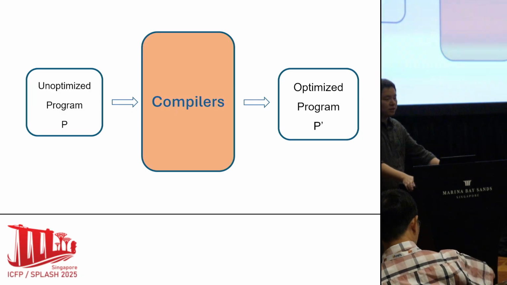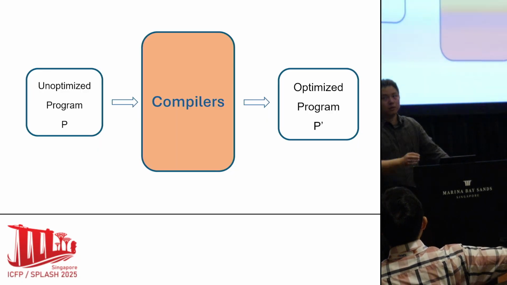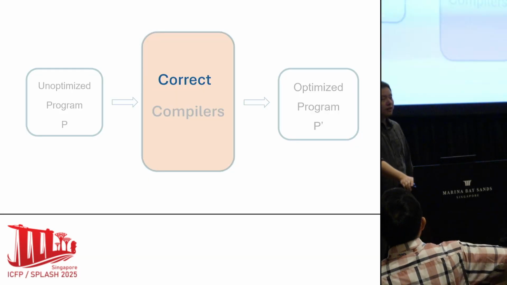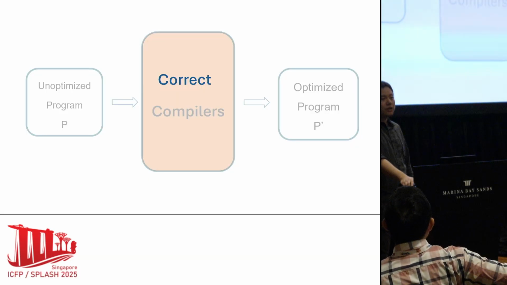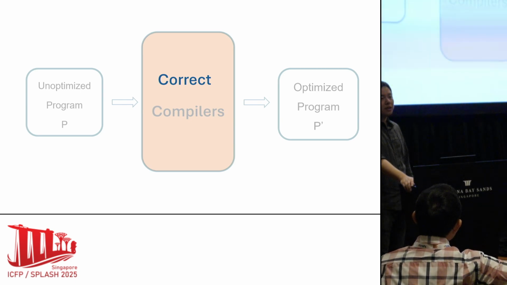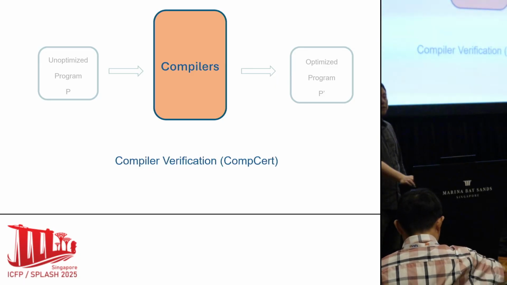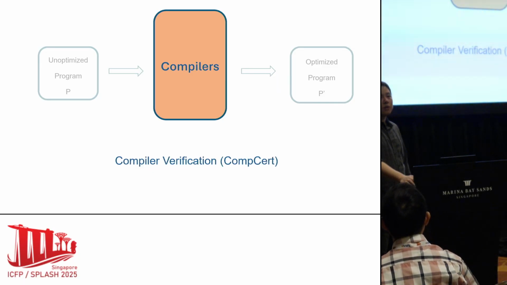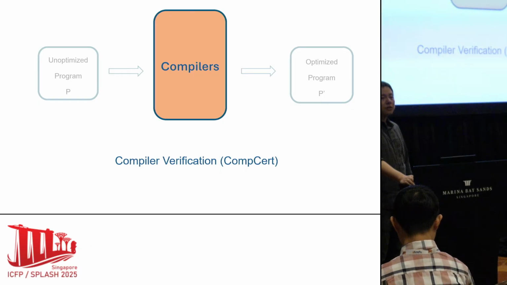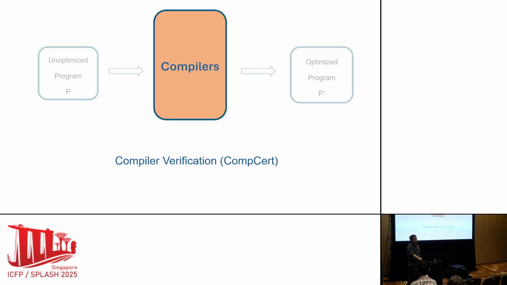of your input program. And we want our compilers to be correct. As a result, in the past few decades, our research community has developed a lot of techniques to improve the correctness and the reliability of compilers. For example, compiler verification techniques focus on checking the internal behavior of compilers and proving that you have a correct implementation of your compilers.